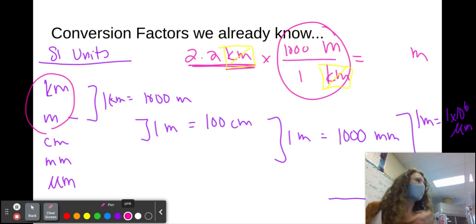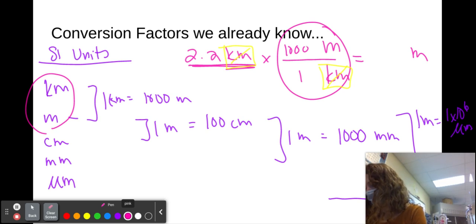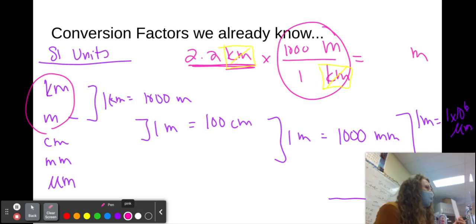So we know the SI units. We can write them as conversion factors. So this is where this little beast comes in. I'm going to write a conversion factor specific to meters and kilometers, but you can do the same thing with any of these other ones, right?